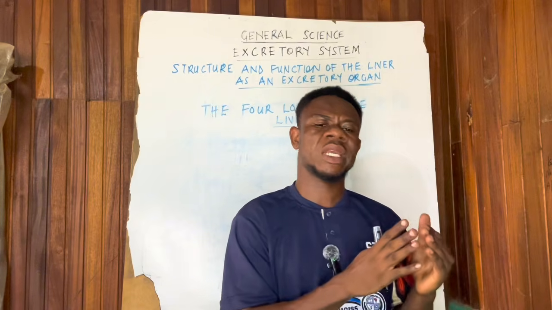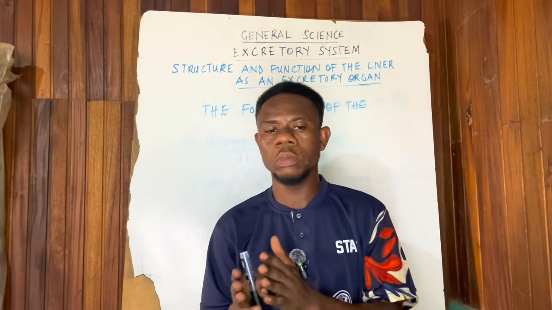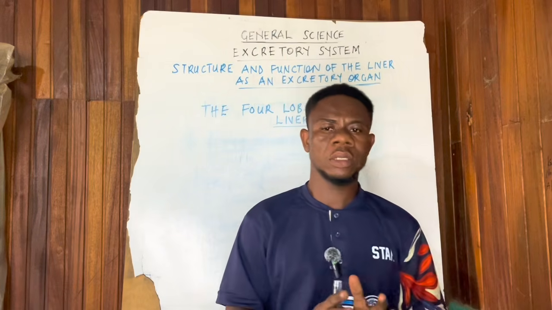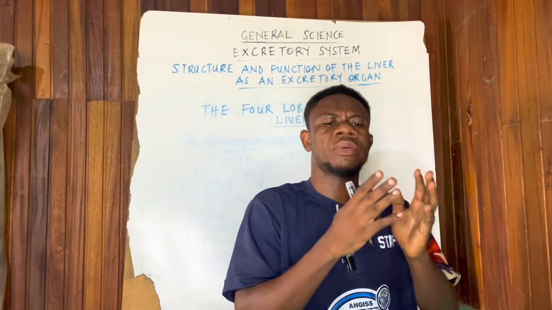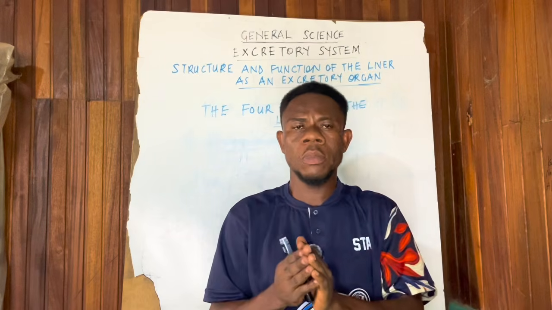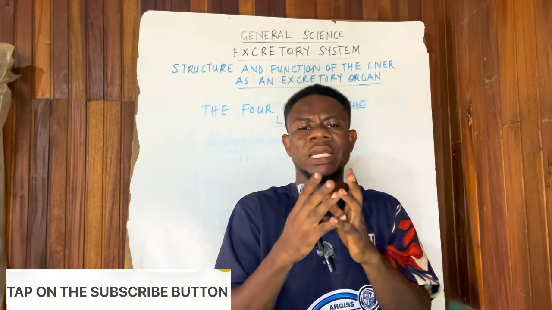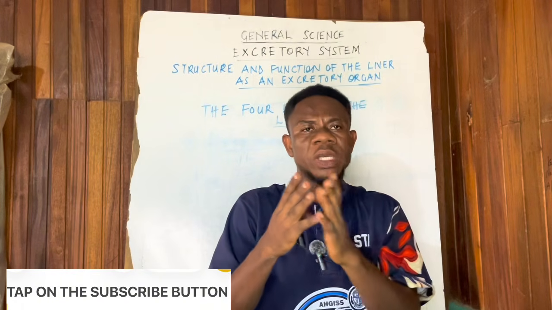So the characteristics of the right lobe. The right lobe is the largest lobe of the liver and occupies most of the right hypochondrium. When you talk about hypochondrium, it is an area under the right rib cage.